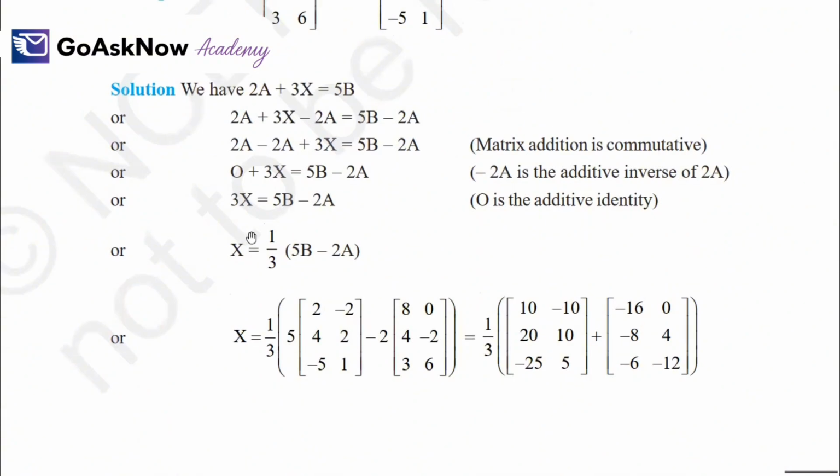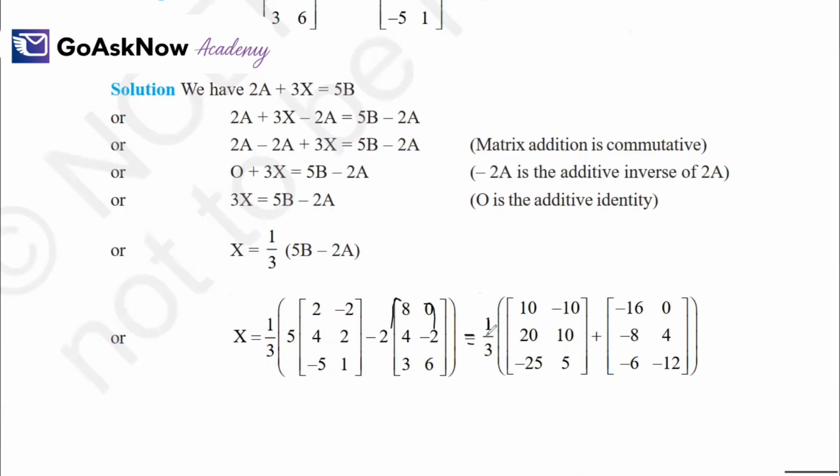So X is equal to 1 by 3 into 5 multiplied by matrix B, so write the matrix B here, minus 2 times A, so you have to write A also here.